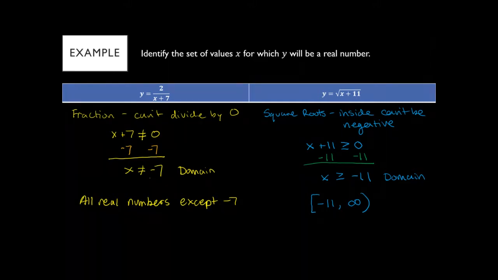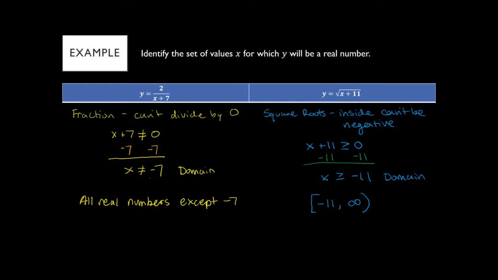I have a question. Yeah, go ahead. When we get the interval notation, I always get confused on how to write the answer. Like I'll write the negative 11 on the right side instead of the left side.